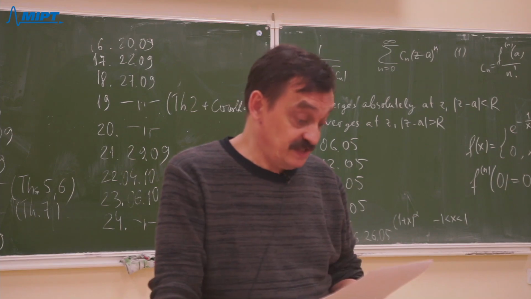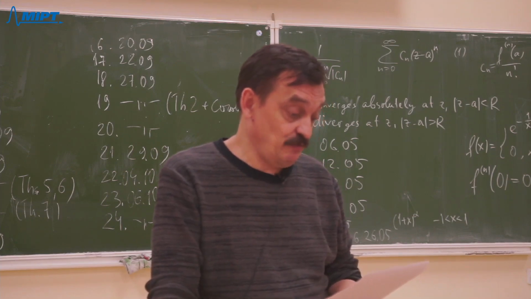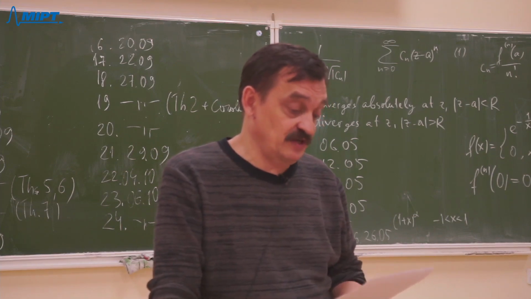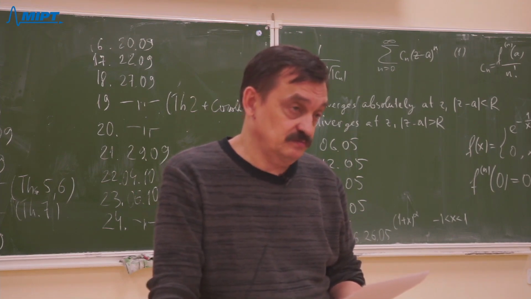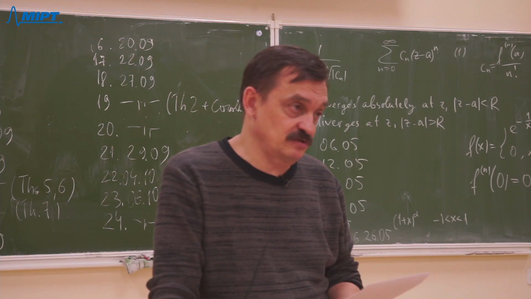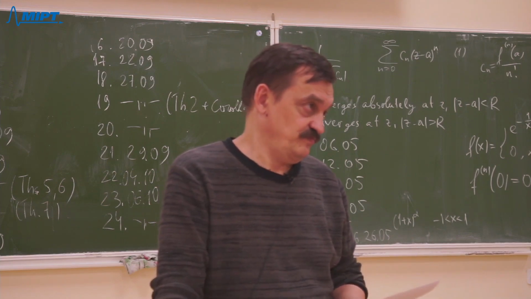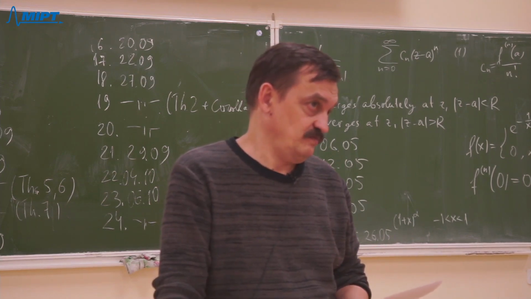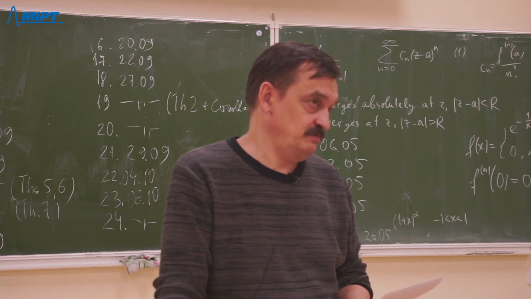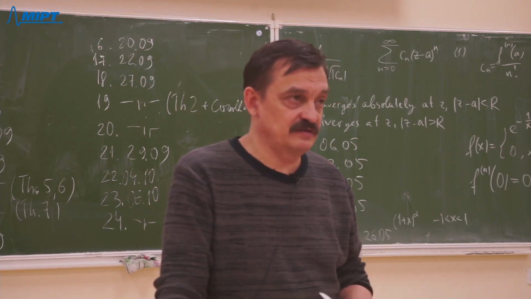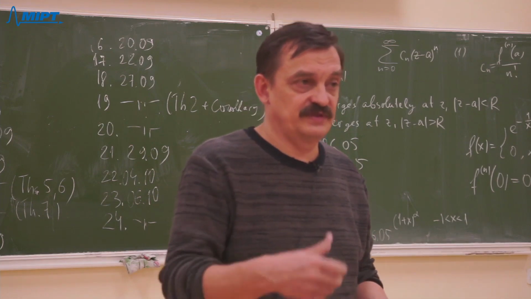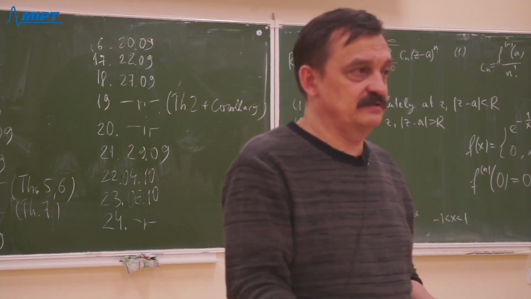Question 36. Local extremum with constraints, Lagrange function method. So, sufficient condition without proof. Okay? Do you understand me? So the Lagrange function method, you know, there is the necessity part, right?